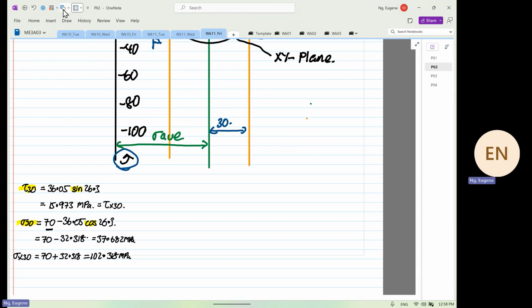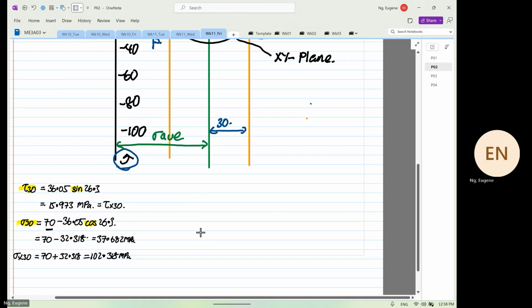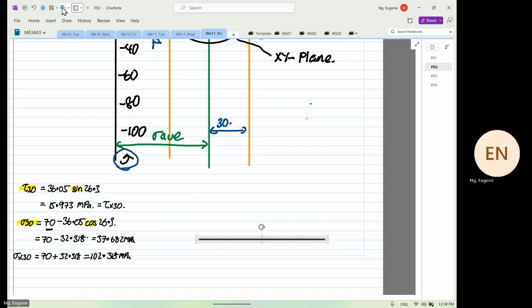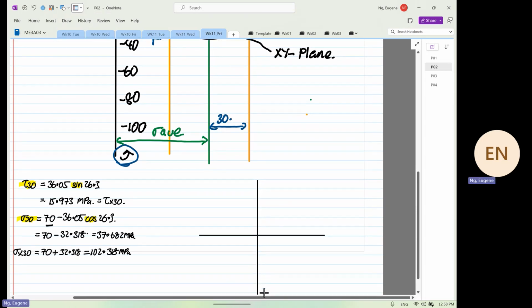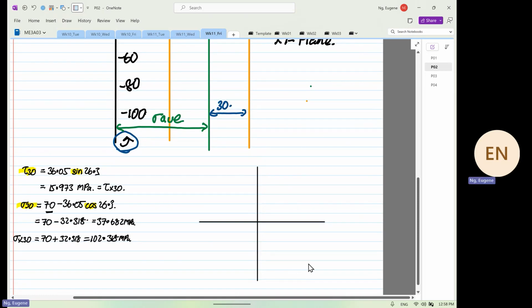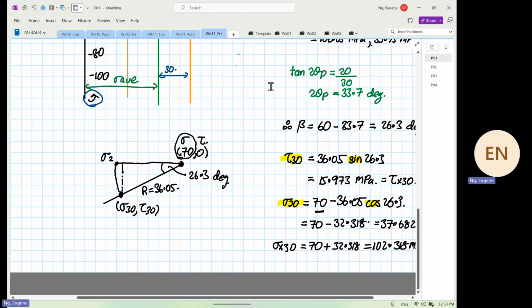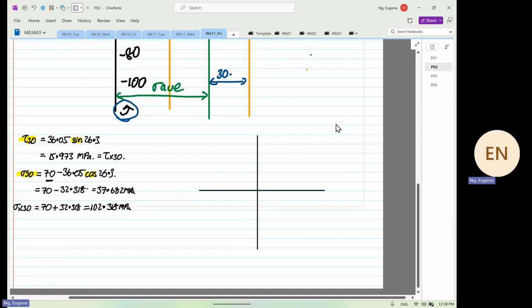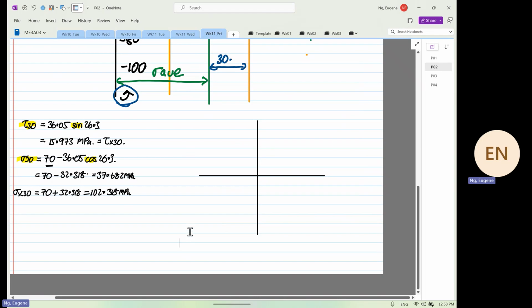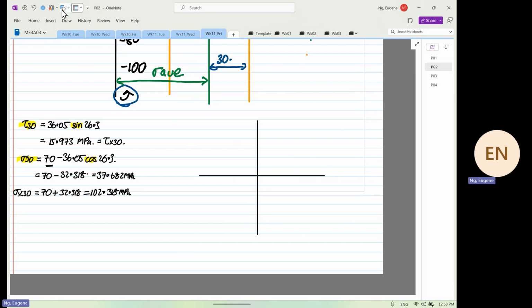So now we draw our original axis. So this is our 0. And the vertical is also our 0. Okay. So we know the element has been rotated 30 degrees from the horizontal. So I'm going to sketch 30 degrees anti-clockwise from the horizontal.